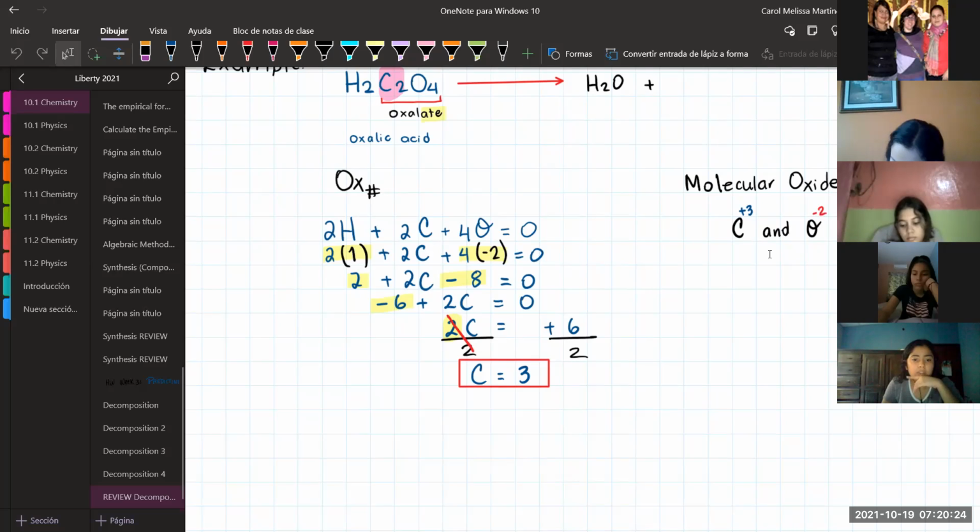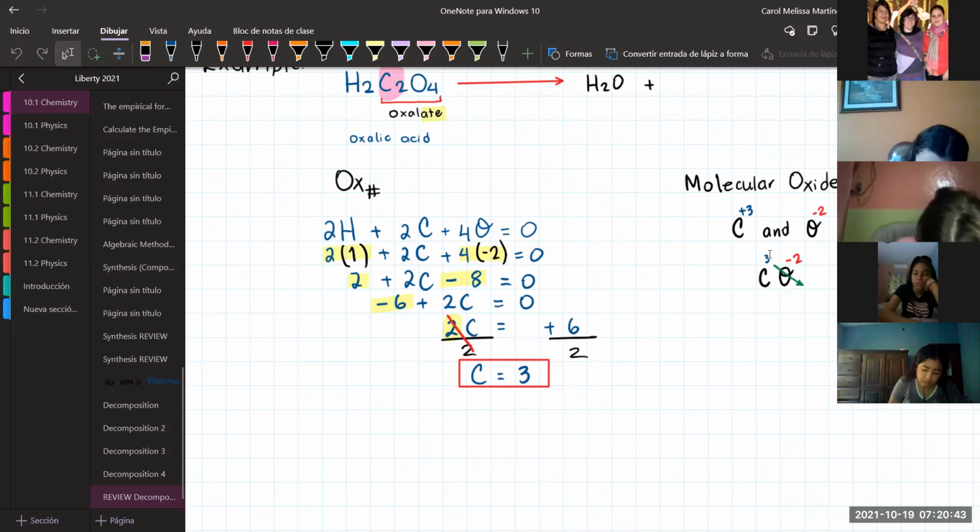So you're going to combine them: C+3 O-2, and you crisscross the charges. So carbon will be followed by the number 2, and oxygen will be followed by the number 3.